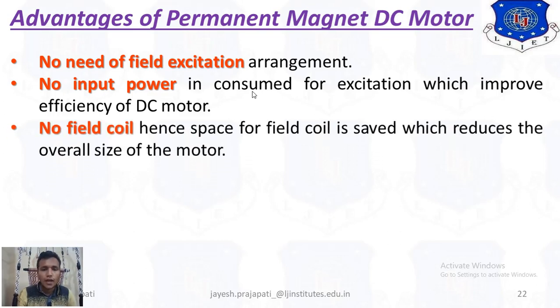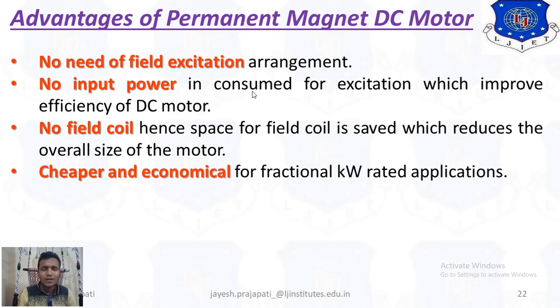No field coil, hence the space for the field coil is saved, which reduces the overall size of the motor. So it is a very small motor, because it does not require any kind of field coils. It is also cheaper and economical for fractional kilowatt rated applications.